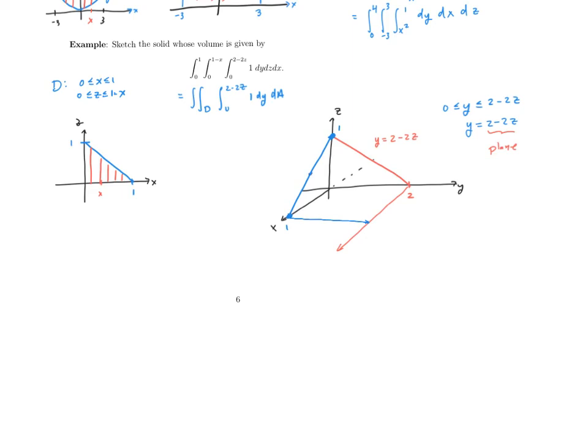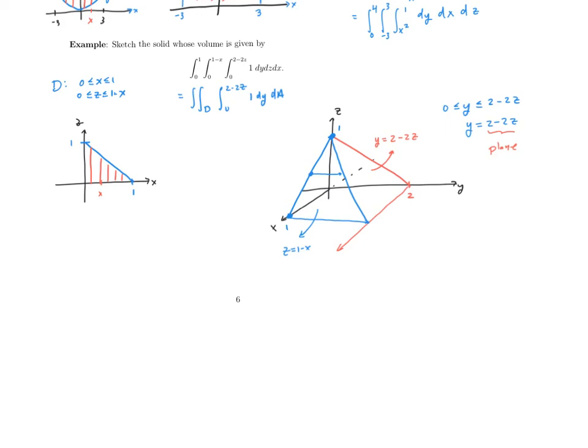Similarly, if you were to pick another point on the hypotenuse of that triangle, you would go over until you hit the plane. And note there's a line somewhere in here which is the line of intersection between the blue plane, which is coming from z equals 1 minus x, and the red plane, y equals 2 minus 2z.